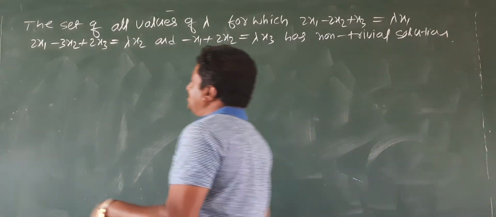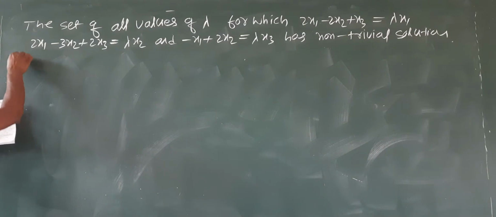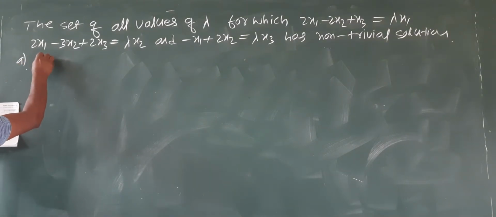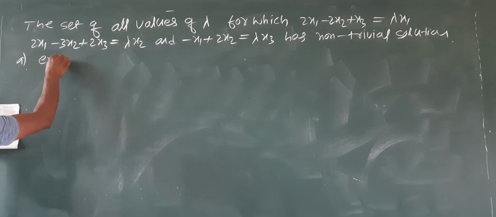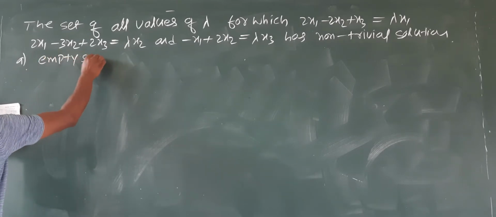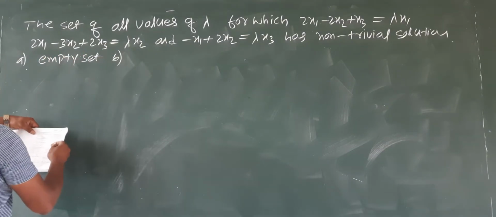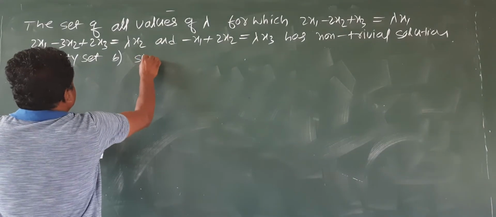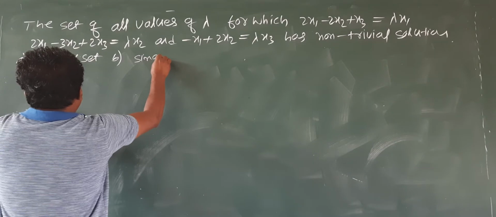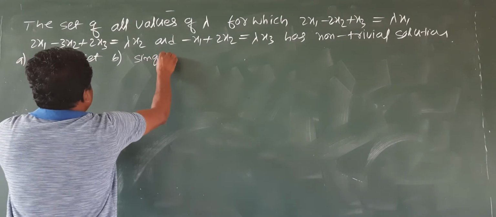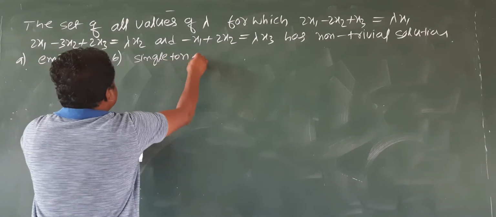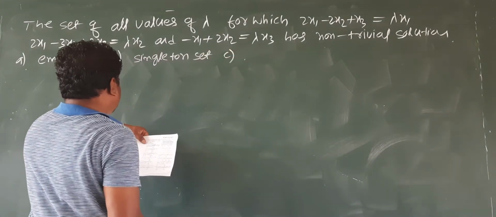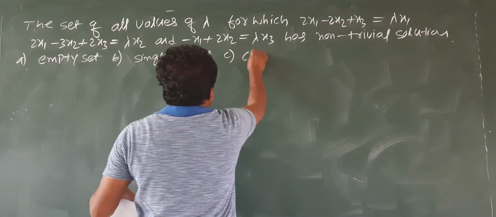So the first option is an empty set. The second option is a singleton set. The third option is that it contains two elements.